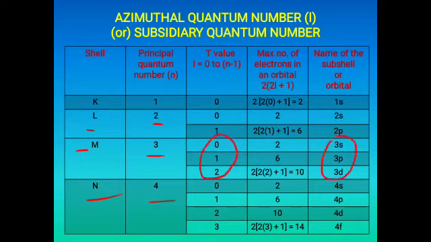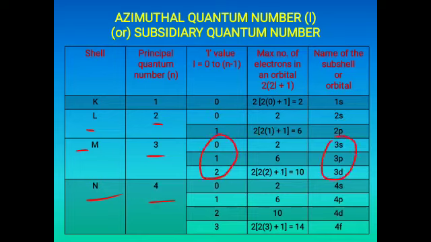So in first orbit, what is the L value? 0. So 2 into (2 into 0 plus 1), which is equal to 2. So a maximum of 2 electrons can be present in the S subshell. What about L shell? It has 2 values 0 and 1. For 0, 2 electrons will be there. For 1, if L value is 1, there will be 6 electrons. So the P subshell will have 6 electrons present in it.